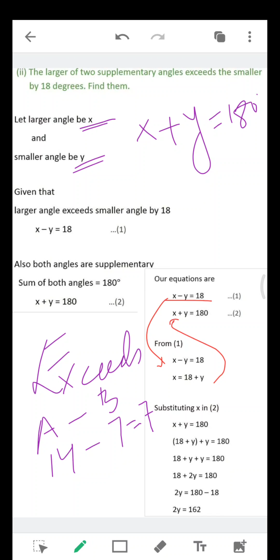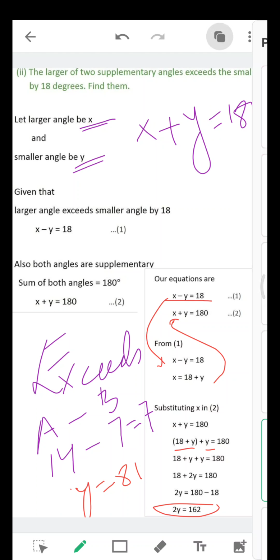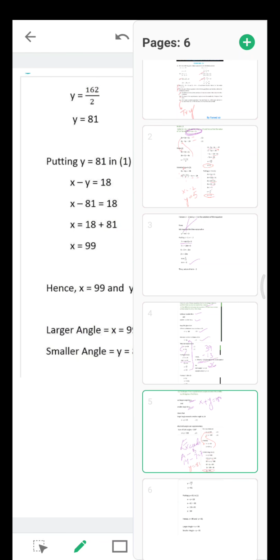So if I put this x value in 2, I'm getting 18 plus y plus y equals 180, and finally I'll get 2y is equal to 162. Okay, so what will be y value in this? y value will be 162 by 2, that will be 81. What will be y value? 81.